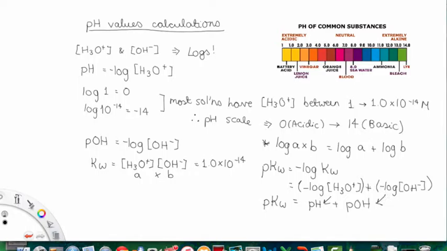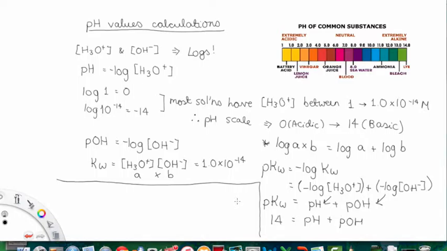So basically, pKw is now putting the ionization constant on the logarithmic scale and making calculations involving pH and pOH a lot easier. And this has a value of 14 when you add pH and pOH. So let me show you an example of how this is useful, and that'll probably give you a better idea of the point of this calculation that I just showed you.